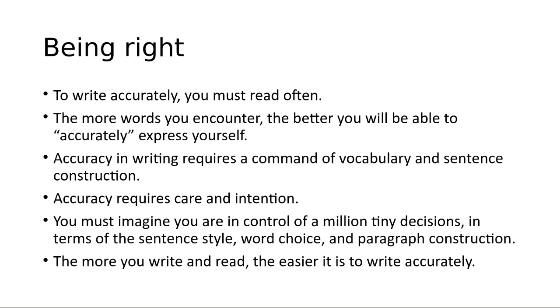And the more aware you are of each tiny decision, the better your writing will be as a whole. I cannot stress that enough. So the basic idea is if you want to write more accurately, then you need to write and read. And you need to pay attention when you read to the way that things are shaped and put together.